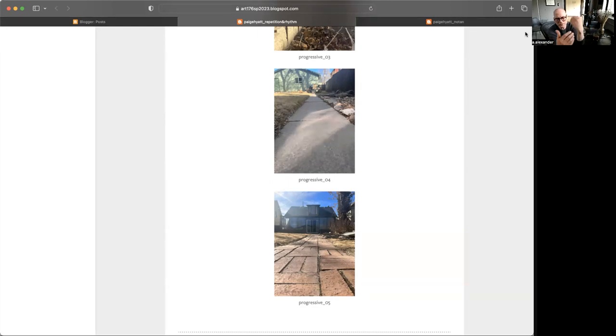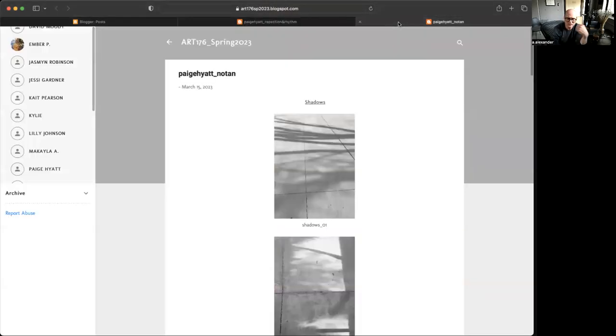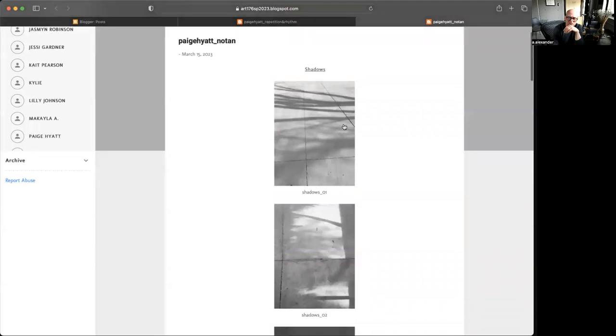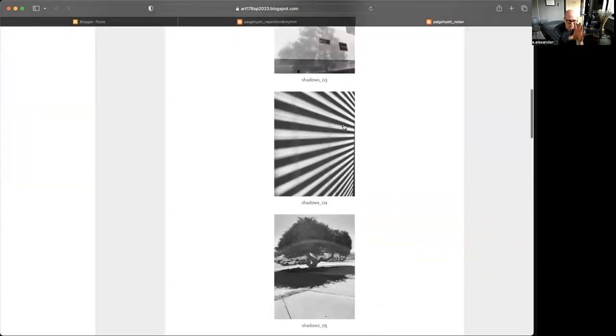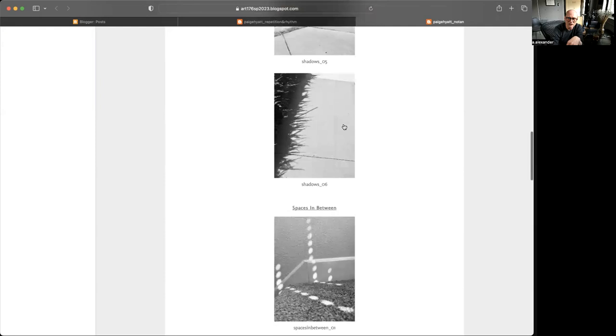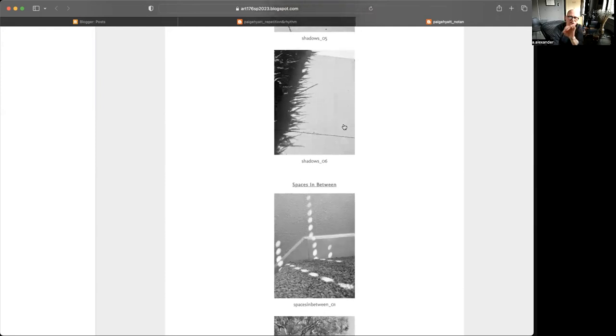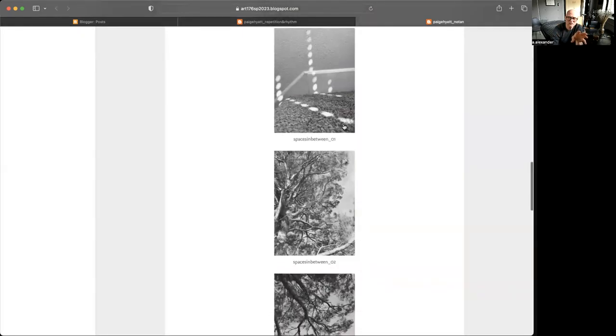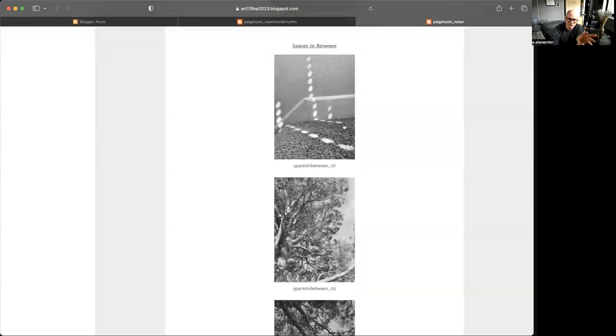But then work with some of the ones that seem to have given you a little bit more of a challenge. So getting back into here with the shadows, the black and white is working really well for you here. Black and white is all about shades and tone, which is what makes it really an appropriate way to go with the spaces in between and the shadows.